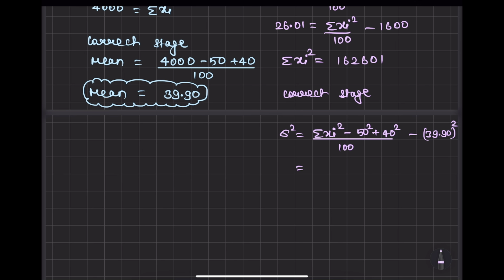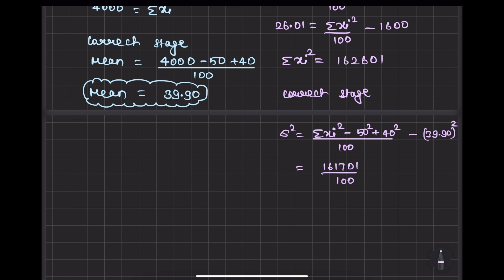It is a plus b, a minus b. So a plus b is 90, and then a minus b you have to apply. Now if you solve this thing, you guys will get 161701 by 100.